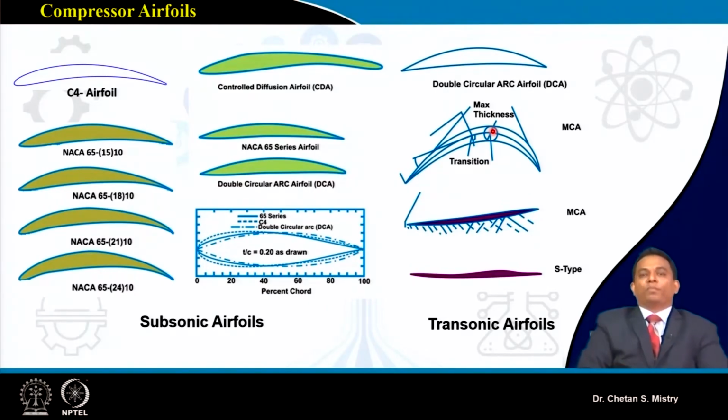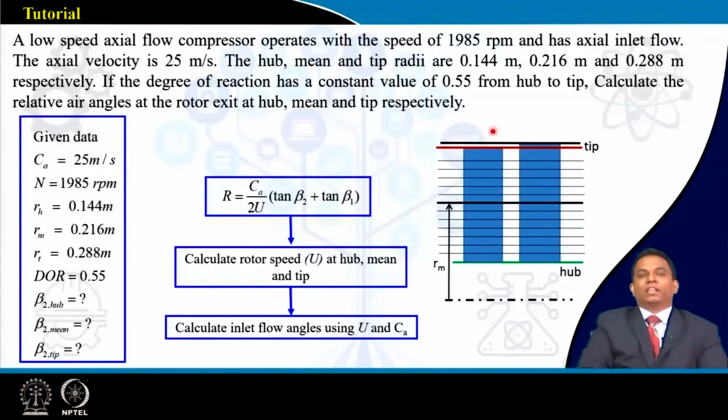Now with this background, let's try to understand one of the numericals for calculation of degree of reaction, which will give you more clarity in understanding the calculation. So it says: a low speed axial flow compressor operates at a speed of 1985 rpm and has axial inlet flow. The axial velocity is 25 meter per second.